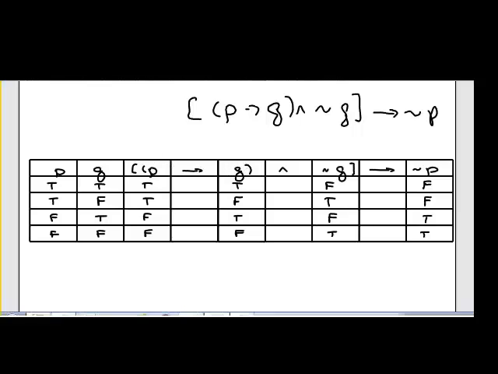Okay, so we go to the innermost parenthesis, which is this one, so we'll do that first. And this is the if-then statement. An if-then statement is only false if the first one is true and the second one is false. So that one's false and the rest are true. Next, we do what's inside the brackets here, and so we'll take the result of what was in the parentheses and we'll compare it with what's on the other side.